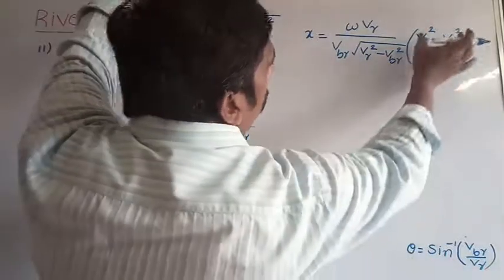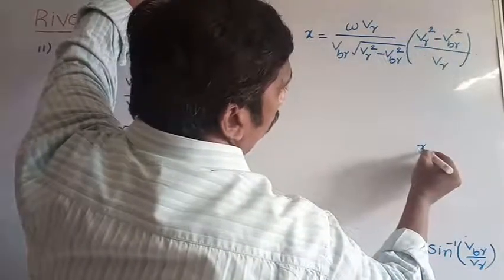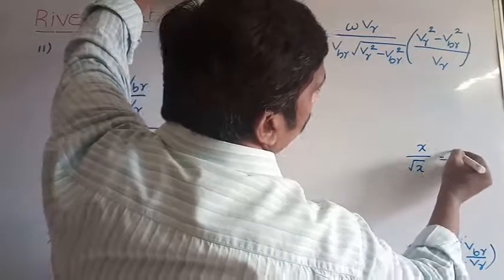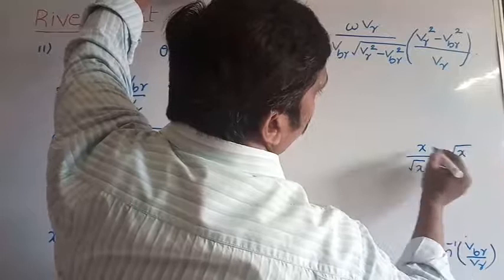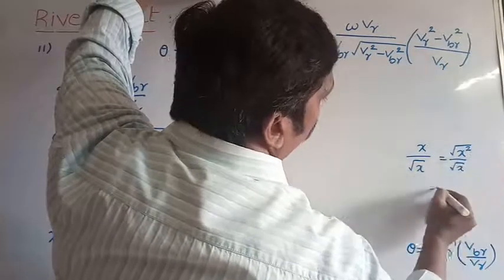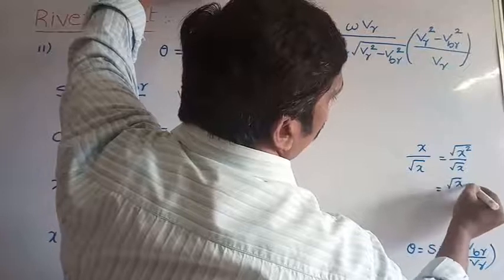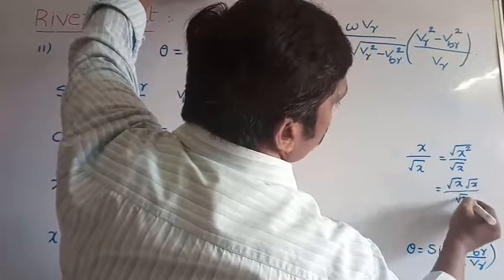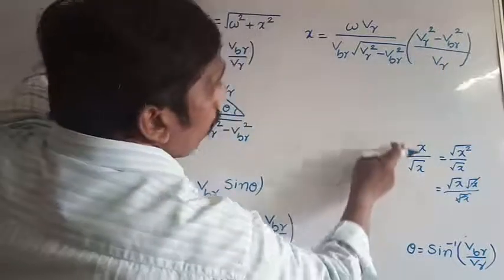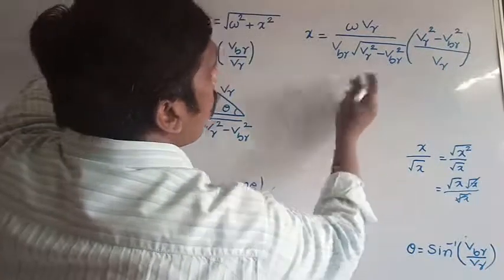For example, you assume this is x by root x. So then this we can get root over x square. This x we can write root over x square by root over x. Again it we can write root x into root x divided by root x. Here root x get cancelled. In same manner, instead of x here VR square minus VBR square is there.